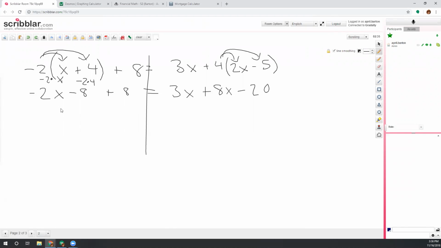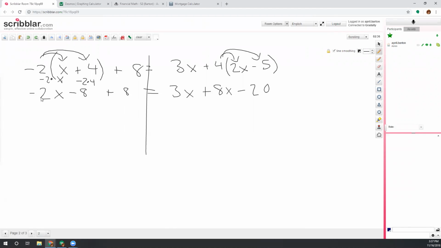Like terms either have the same letter, or you can have like terms where they don't have any letter. Don't see any answers in the chat yet, so I'll just keep moving forward.